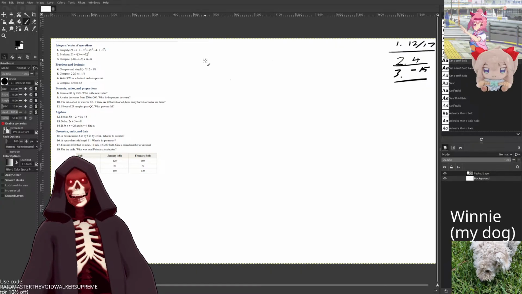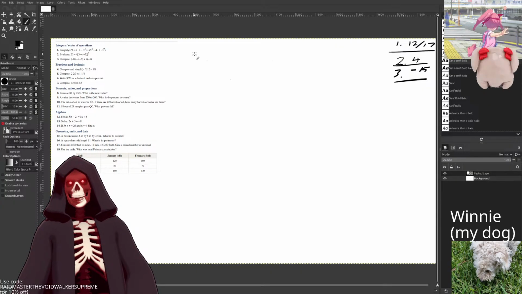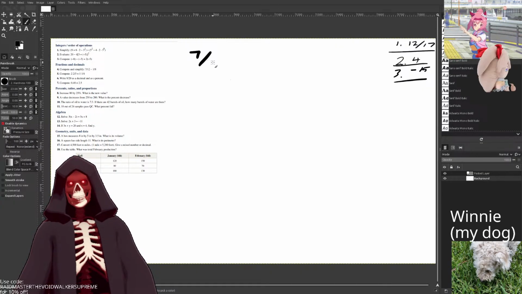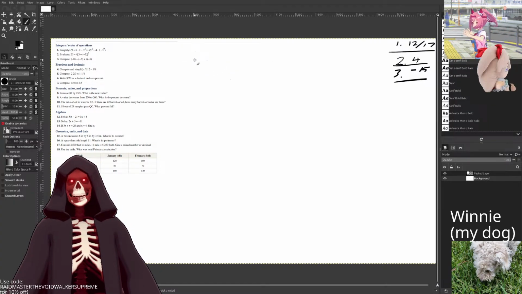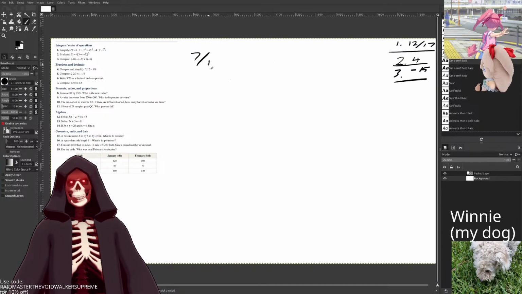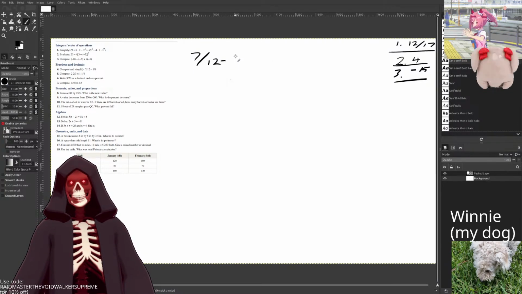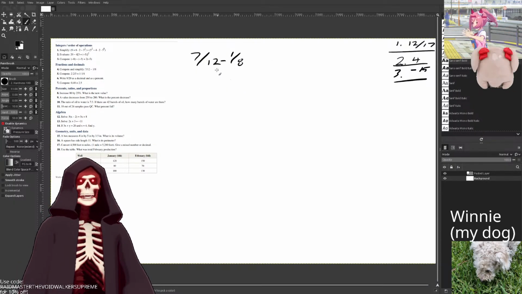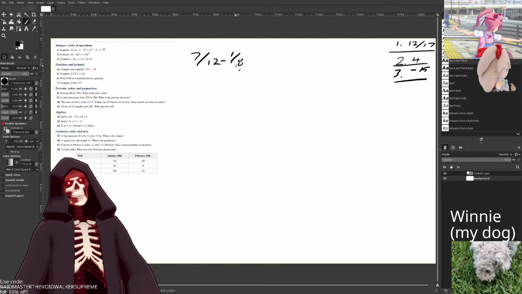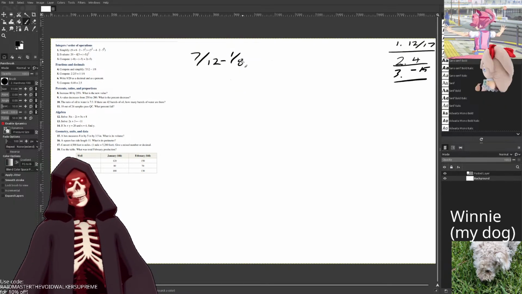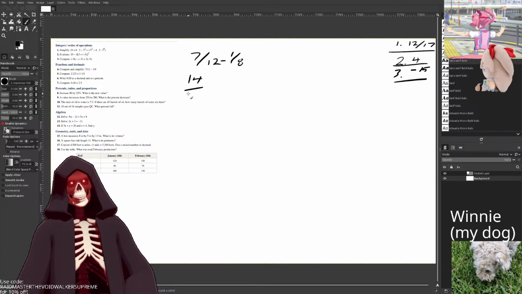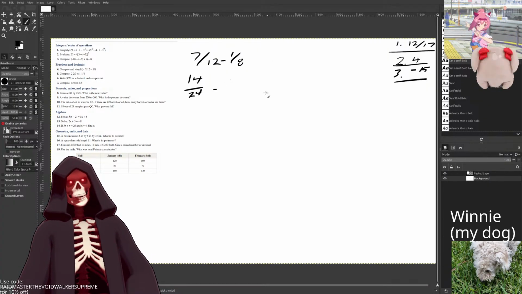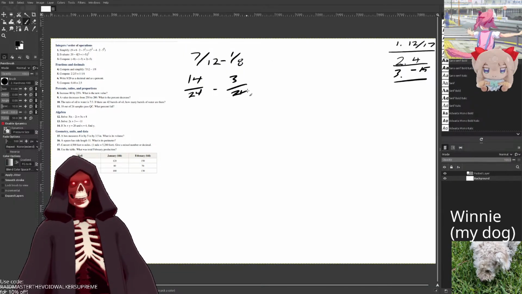Okay, so number 4, we have compute and simplify. 17, that's too large. We'll do 7 over 12 minus 1/8. To 24, so we'll multiply this by 3 and this by 2. So we'll get 14 over 24 minus 3 over 24.